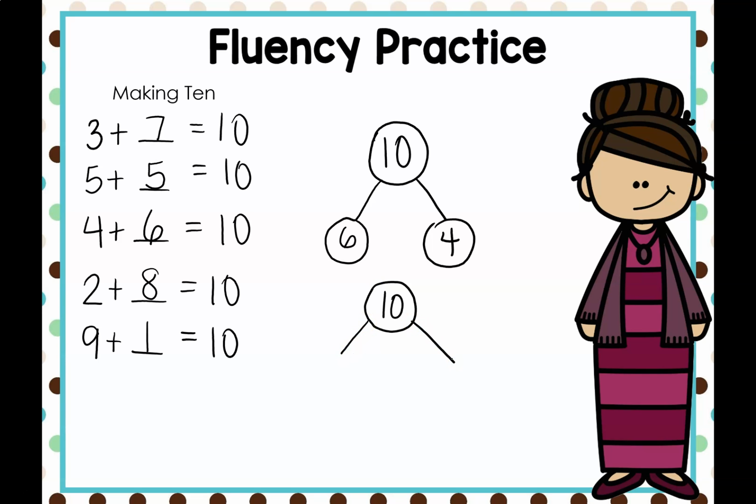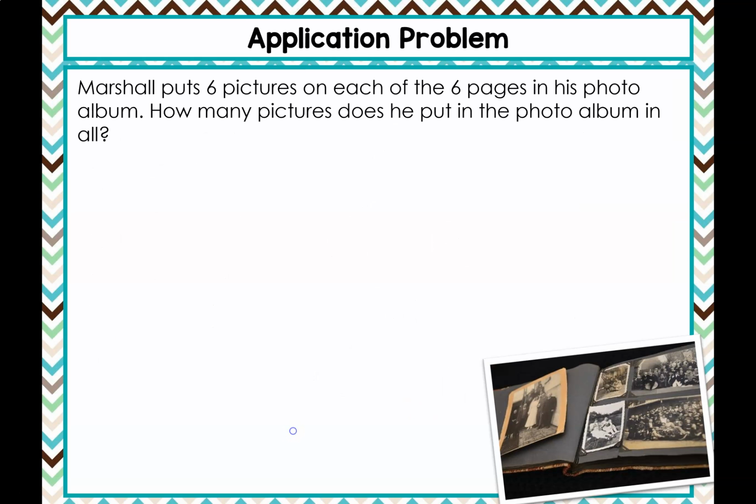For this part, I'll give you 1. What would go in the other part of the number bond? 9. Okay, so this is just a review of making 10 because you'll need it to help you with today's lesson. Very good job practicing that making 10. Go ahead and erase your whiteboards.